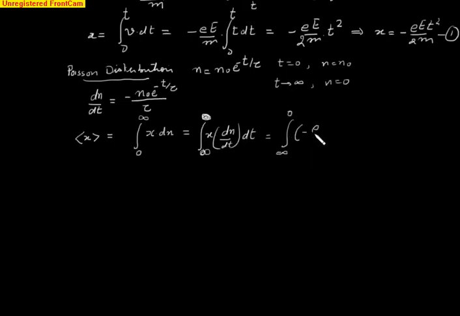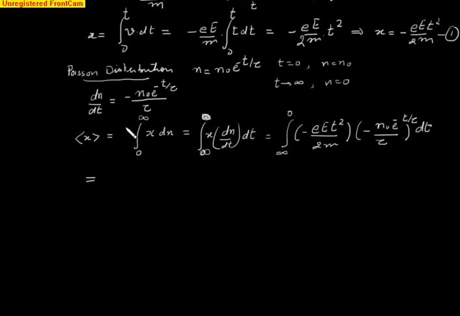The value of x comes from here, that is minus E times electric field times t square divided by 2m, times, now the value of dn comes from here, that is minus n naught e minus t divided by tau times dt. And on rearrangement we get this.